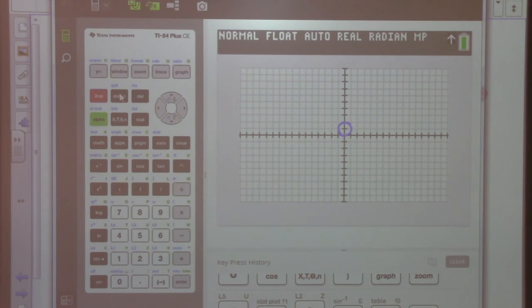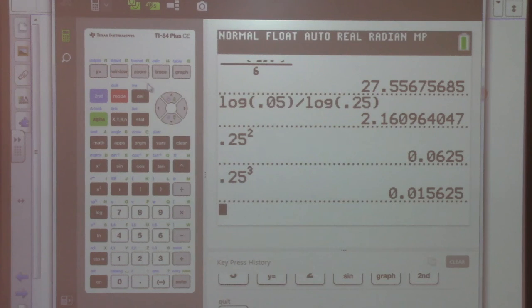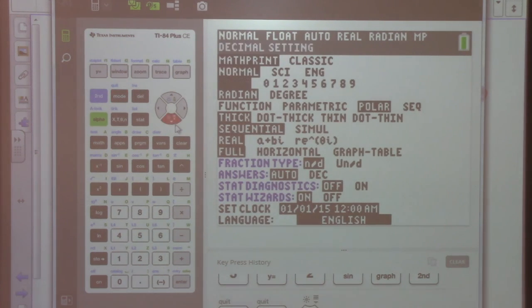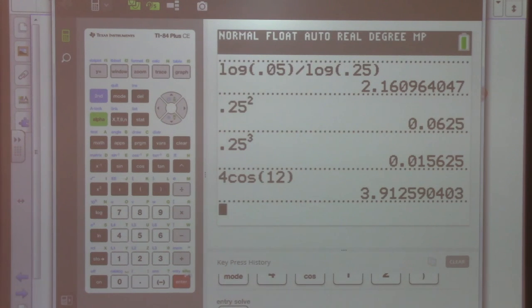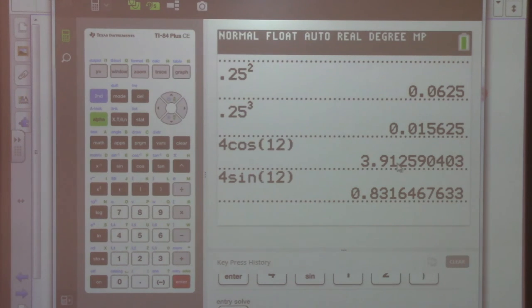I got to make sure that we are in degrees, right? So I go up to mode and change that. So now we have 4 cosine 12 degrees and 4 sine 12 degrees. So we have 3.913 and 0.832.